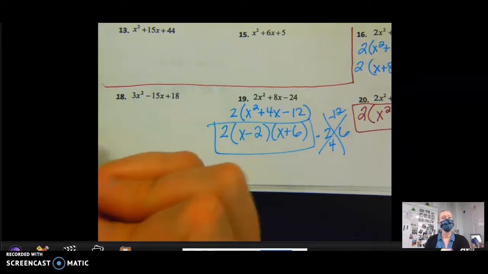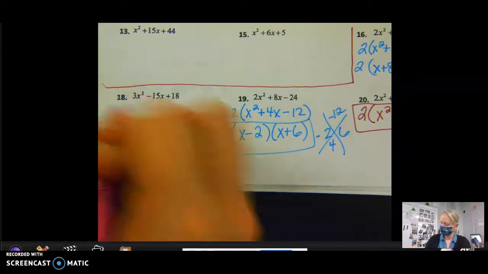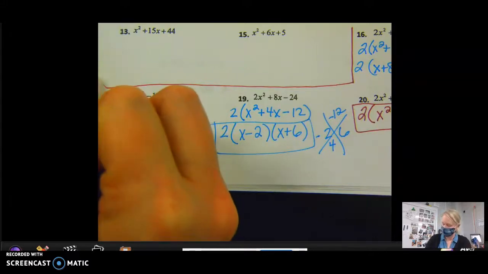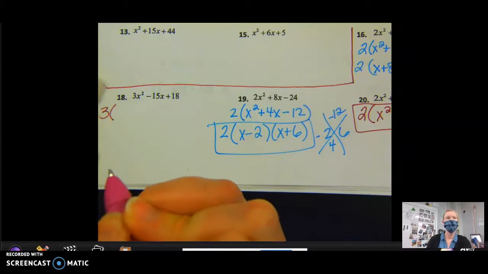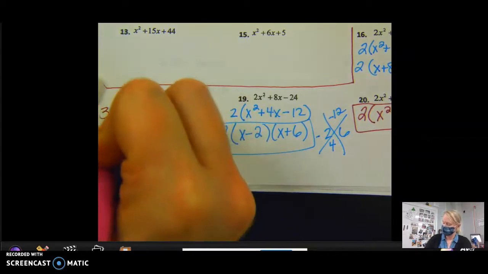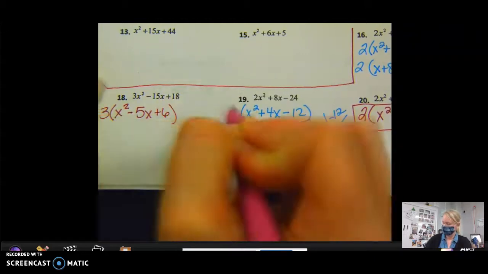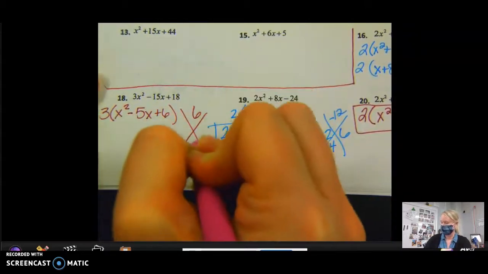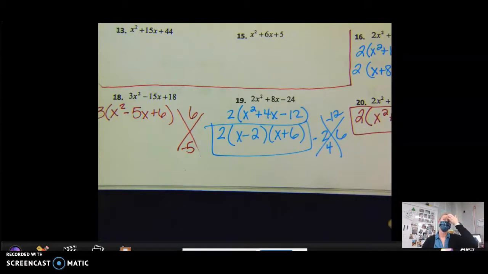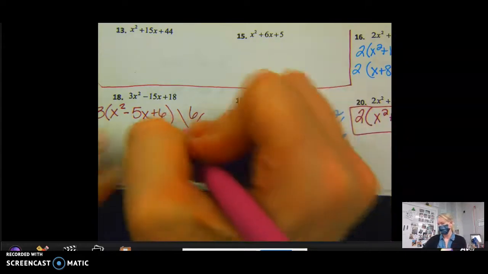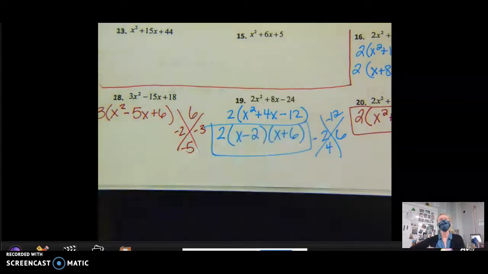Number 18, first step. What's my GCF here? When I divide by 3 on everything, what do I get? Crisscross 6, negative 5. Ooh. What would that be? Negative 2, negative 3. Would 6 and 1 work?